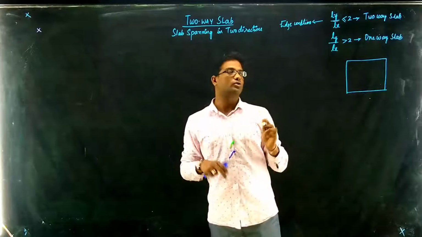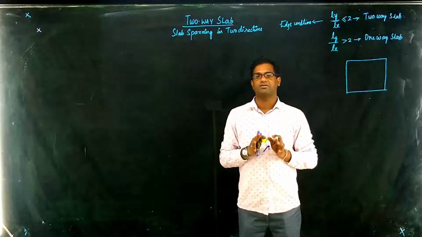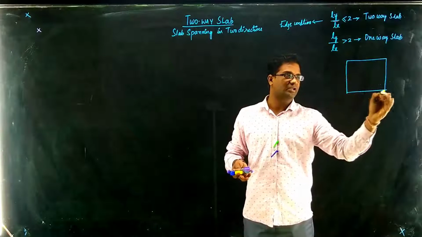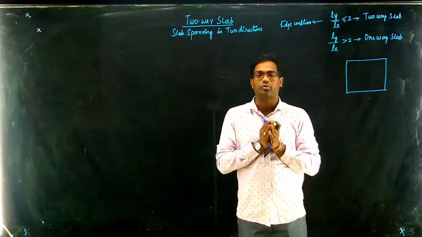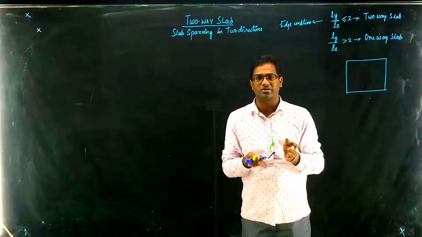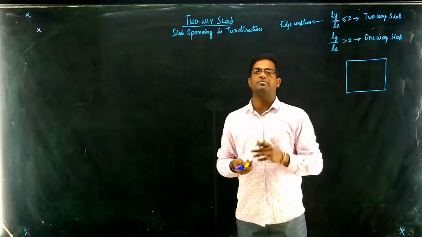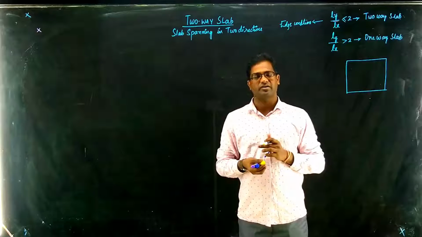If all these edges, this is one edge, this is second, third and fourth, are supported or not supported. If it is supported, the design will be different. If it is not supported, the design will be different.